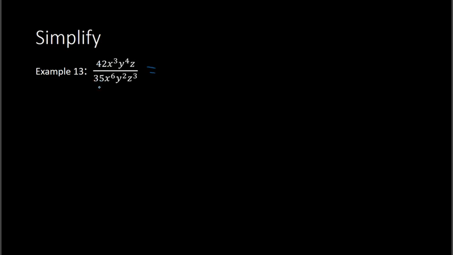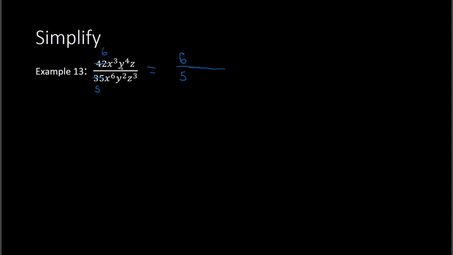Looking at the numbers, I need to find the greatest common factor so that I can divide the top and the bottom by that. So looking at the two numbers, I see that I can divide both by a 7. So 42 divided by 7 would give me a 6 on the top. And 35 divided by 7 would give me a 5 on the bottom. So far, I have 6 on the top, 5 on the bottom.